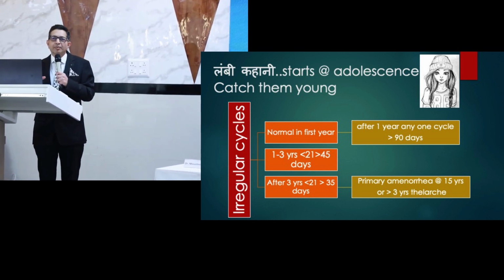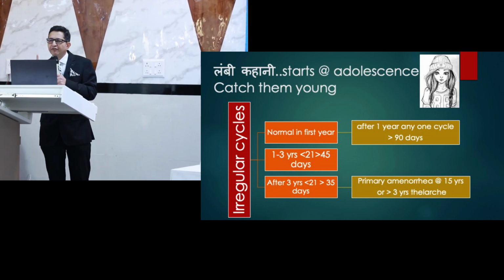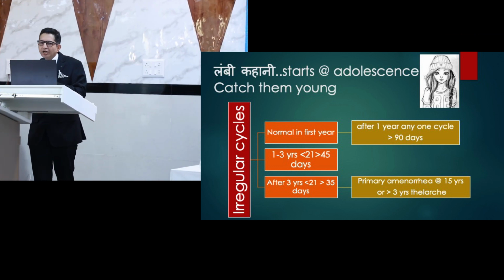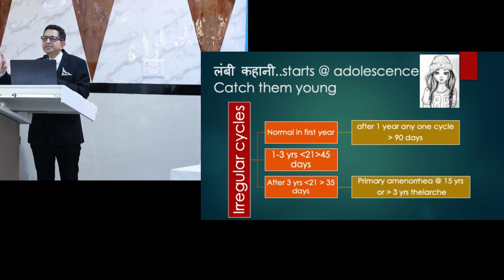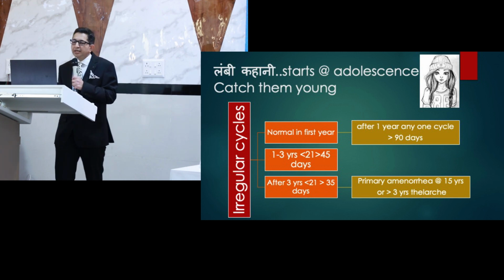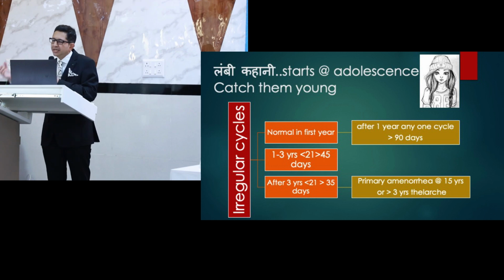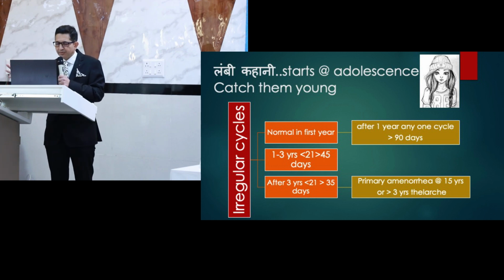Irregular cycles are normal in the first year. After 1 year, any one cycle of more than 90 days is considered abnormal. From 1 to 3 years after menarche, less than 21 days or more than 45 days is considered abnormal.